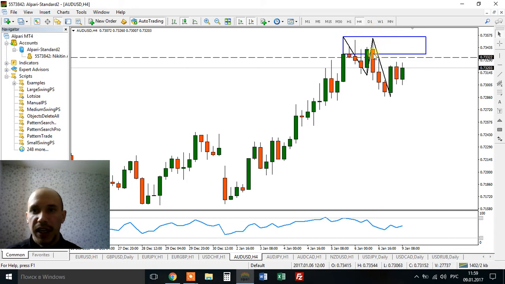So the spike of this candle should go into this area, and the candle close should never close above that area, but the candle wick can go to whatever level. After that, you are looking for some breaking of that neckline. This is called the neckline.